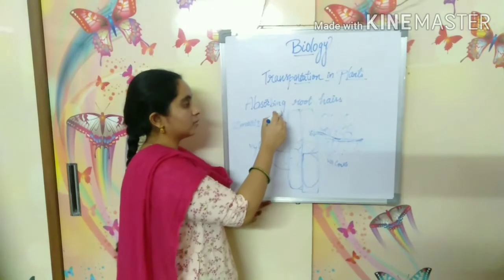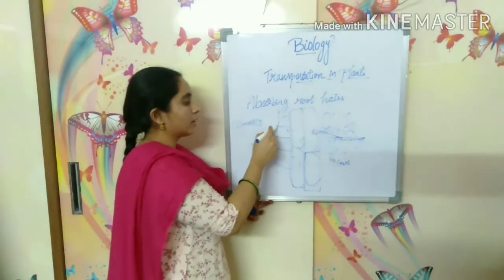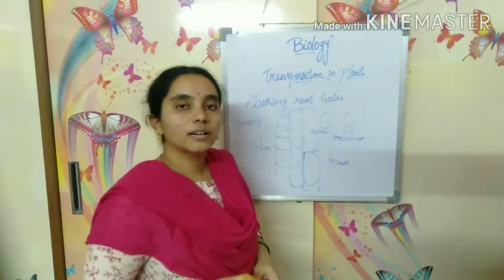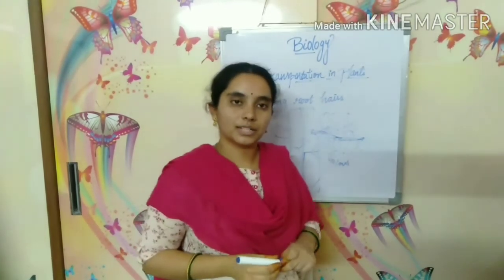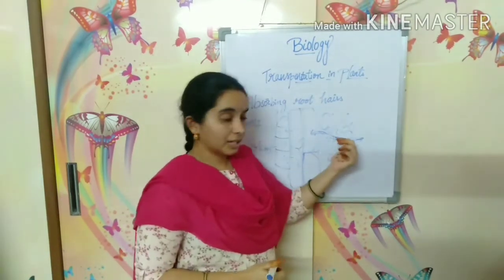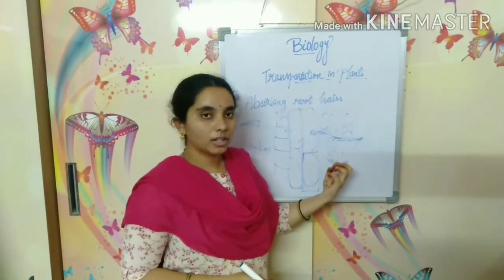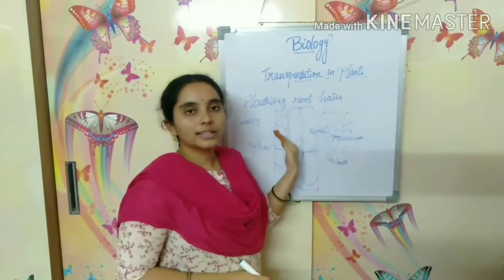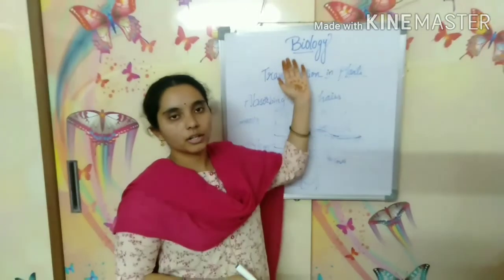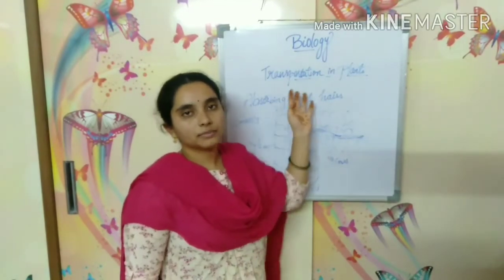From this cell it is moving to the other cell, or from here it is moving to another bundle. This is how the movement of water takes place in plants with the help of the root hairs. The root hairs absorb the water and pass it to the cells of the xylem. This xylem transports the water to the entire plant.